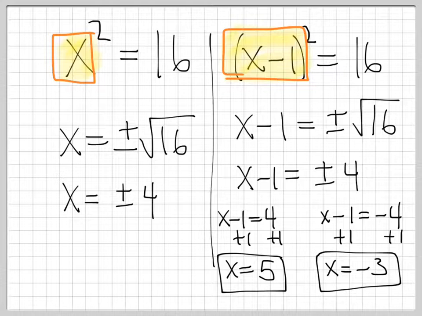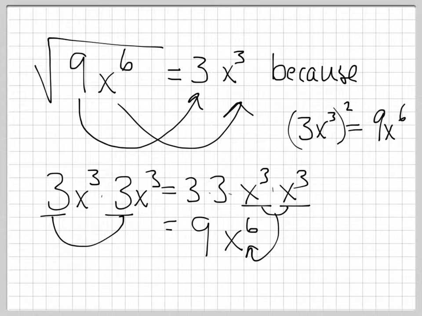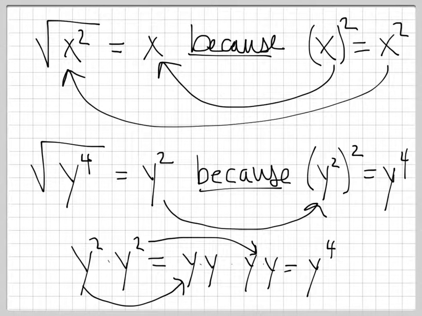So you can see how we can actually get more interesting answers by having more interesting things squared. And that brings up a good point. Suppose I asked you to take the square root of (x minus 3) squared. Well, remember, whenever you had perfect squares like x squared, we got x.